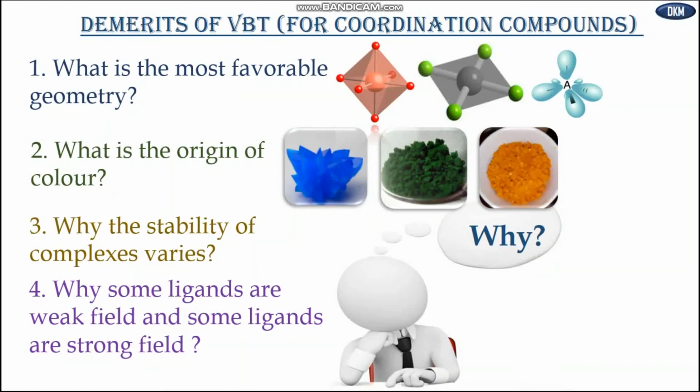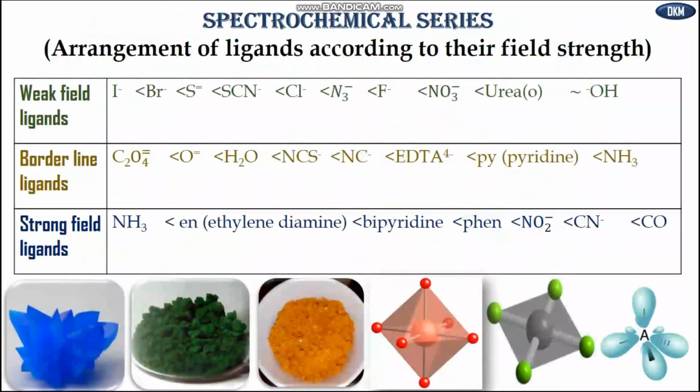But to do this, we have to remember the list of ligands according to their strength. That is, which ligands are weak field ligands, which ligands are borderline ligands, and which are strong field ligands. And this is the list of ligands.